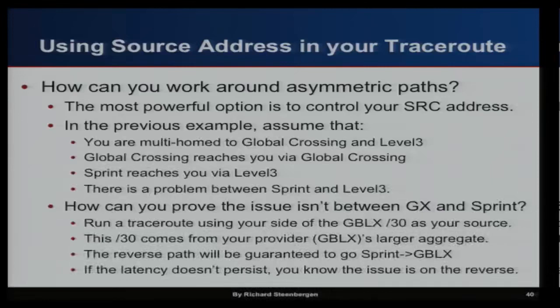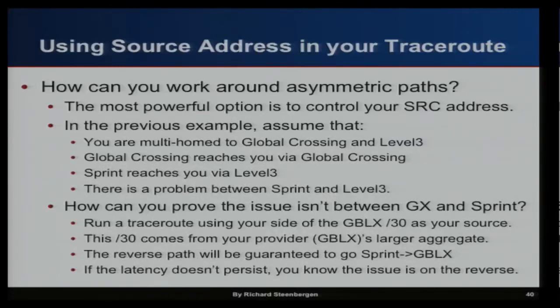How can you prove that without having access to a looking glass and all the routers and endpoints? One thing you can do is run a traceroute on your side from your router, sourced from your /30. The way that almost every ISP works is when you connect as a customer, they give you the /30, the interface IP, out of their IP space. That's IP space that's owned by them, routed by them, part of their supernet, and it's going to be routed that way.